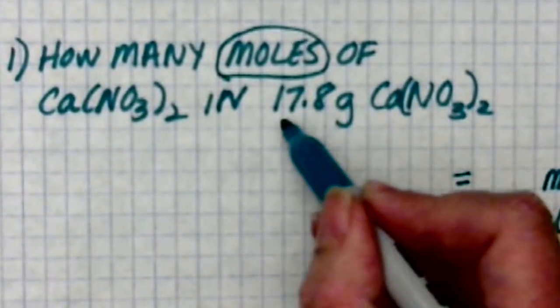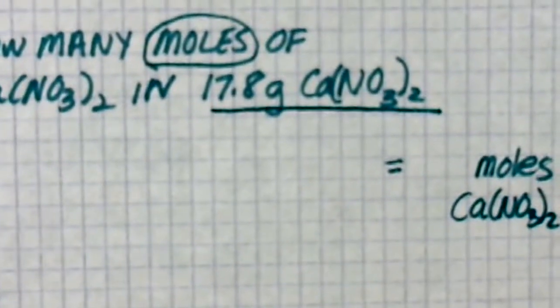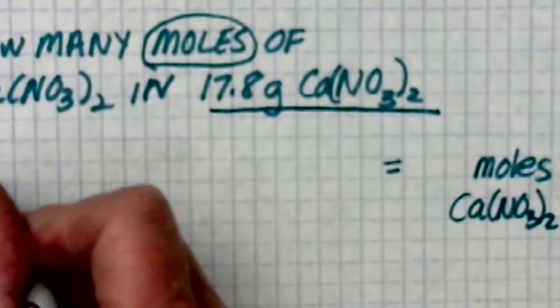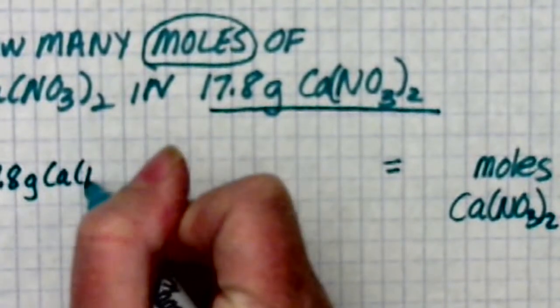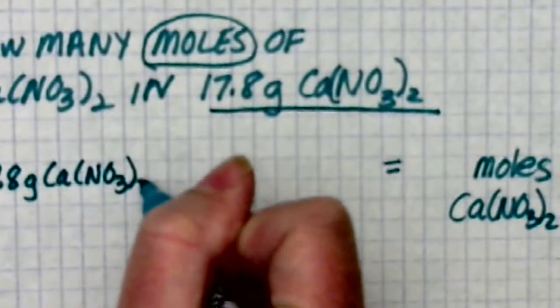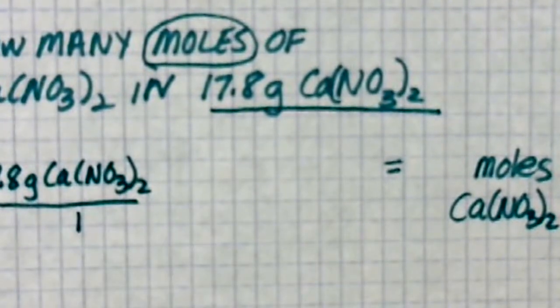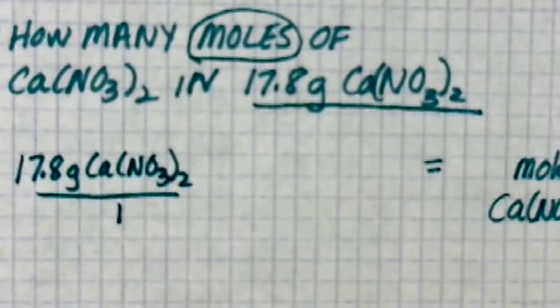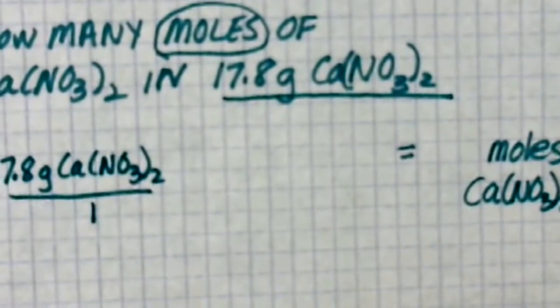What am I given? So I'm going to start with that. So I have 17.8 grams of calcium nitrate. And usually we put that over the number 1 just to remind us that it's on the top of the fraction. And now we need to get rid of grams and we need to get to moles.